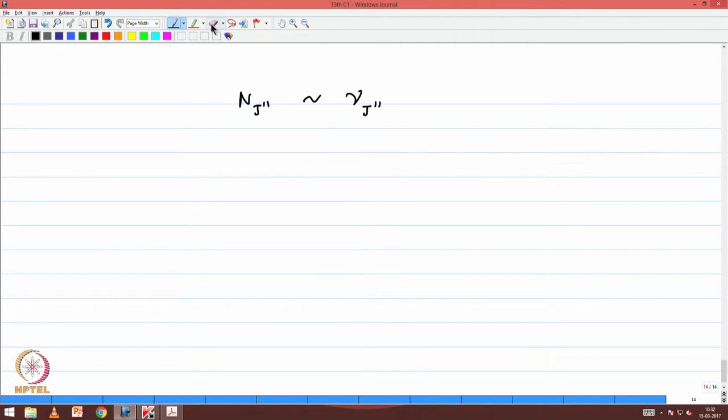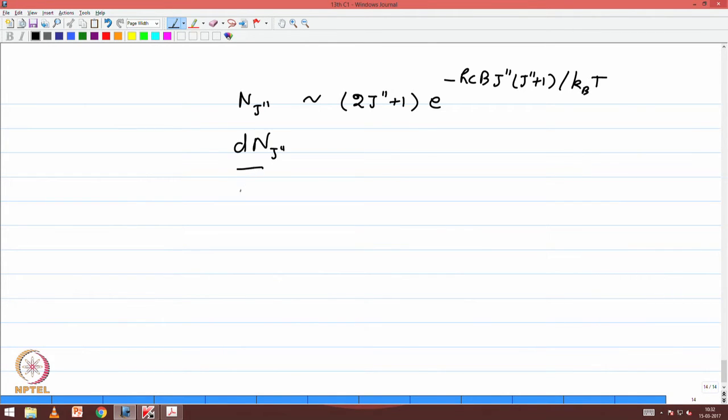proportional to (2J double prime plus 1) exponential of minus hc B J double prime into (J double prime plus 1) divided by k_B T, then the derivative of this with respect to the quantum number J double prime is that it is a product of two functions.